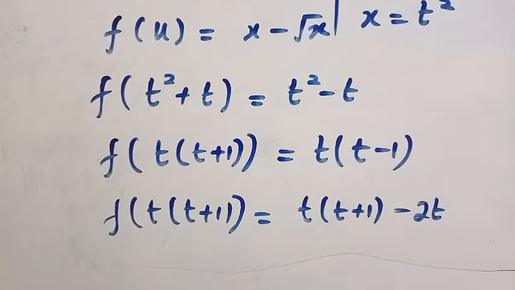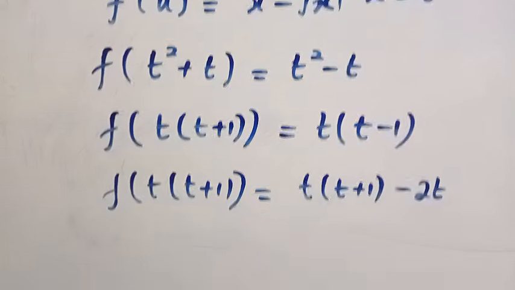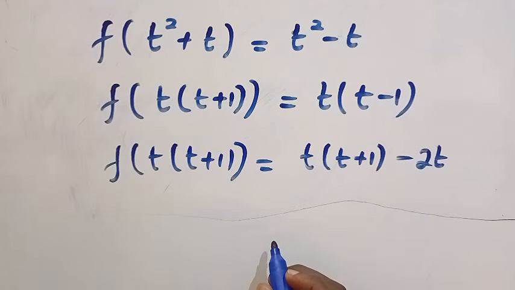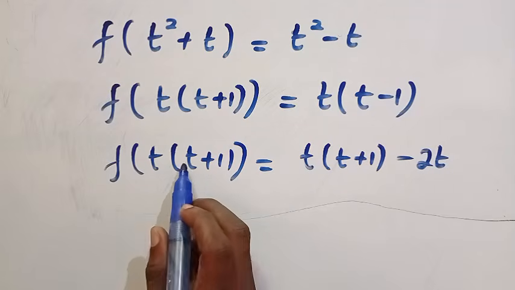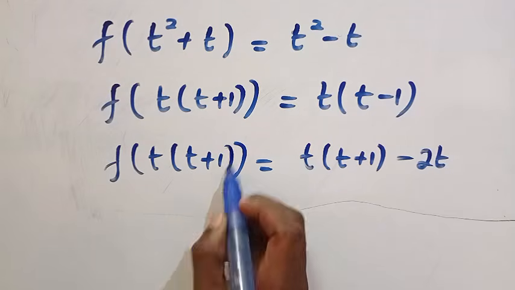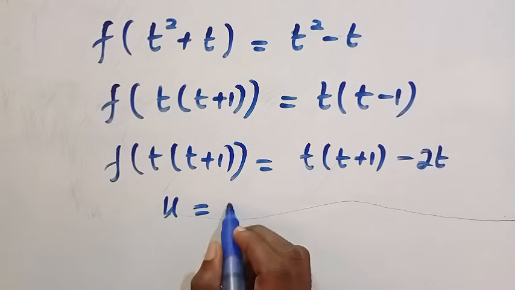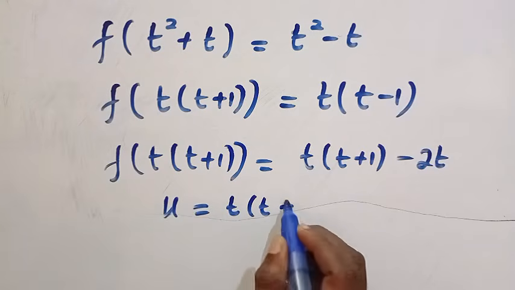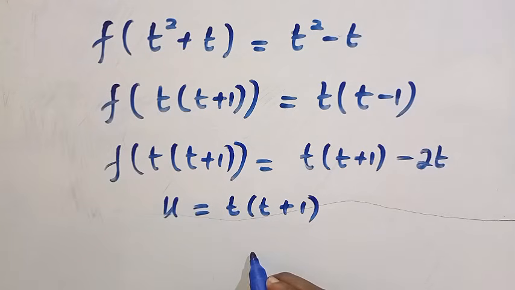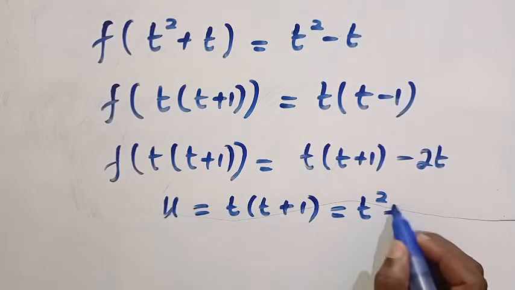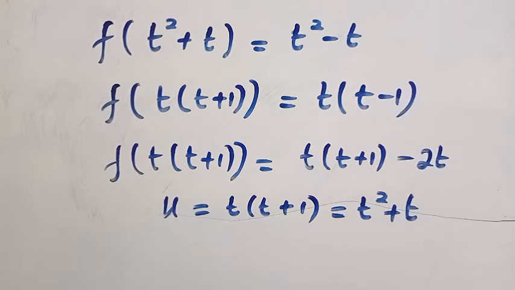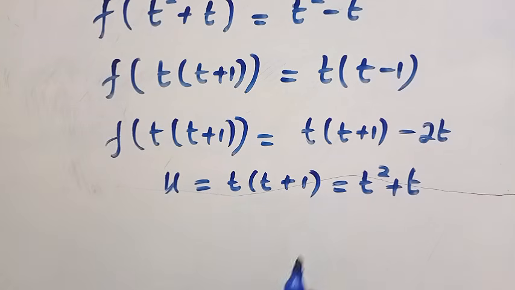Since we have gotten this done, we're now going to take back our u from this point. Suppose the whole of this, which is t bracket t plus 1, I let equal u. So if u is t bracket t plus 1, which is t squared plus t, I want to make only t the subject of the formula.